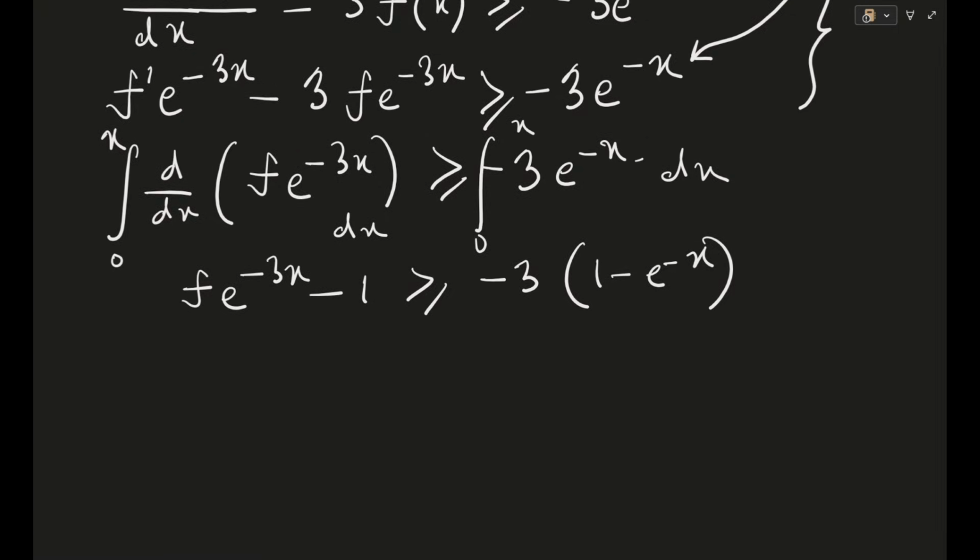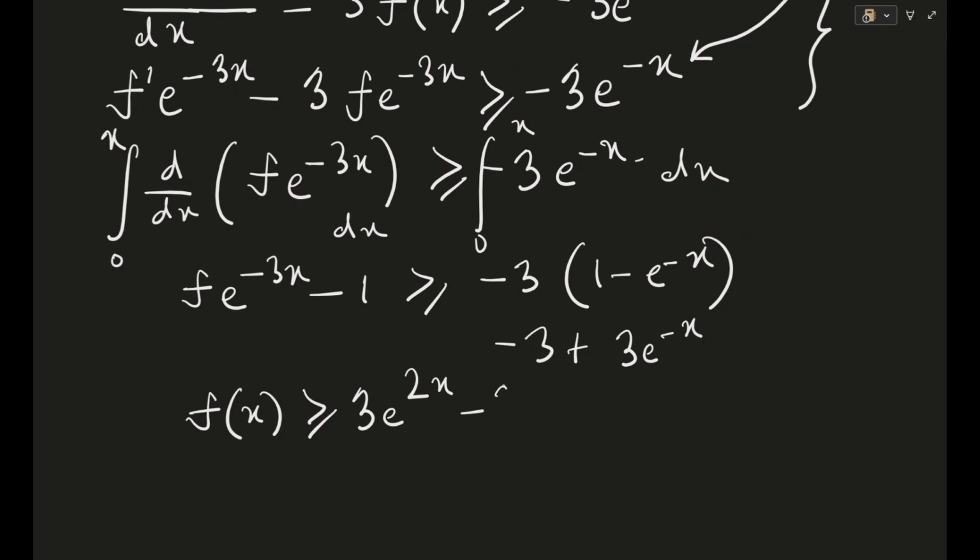So the equation is almost ready. If we multiply this, minus 3 plus 3 e power of minus x, and 1 plus 1 comes to this side, f of x will be greater than or equal to 3 e power 2x minus 2 e power 3x, multiplying e power 3x to both sides.